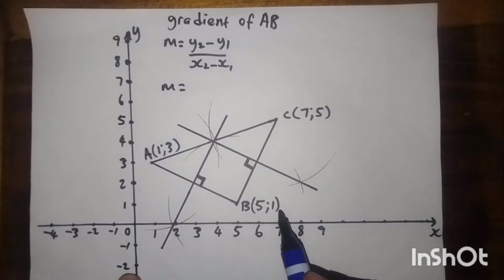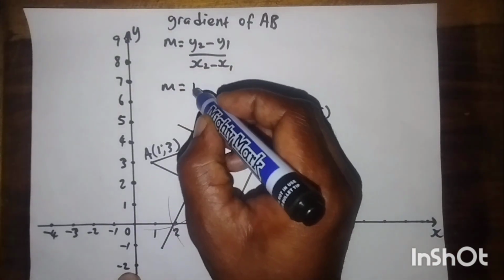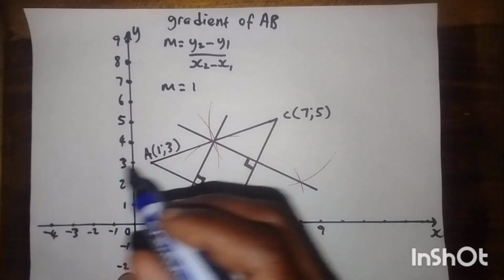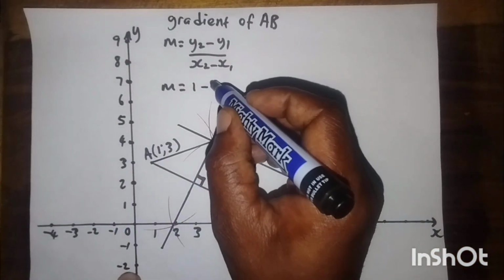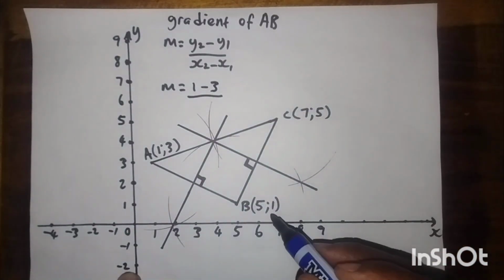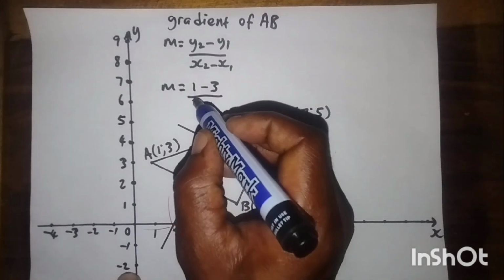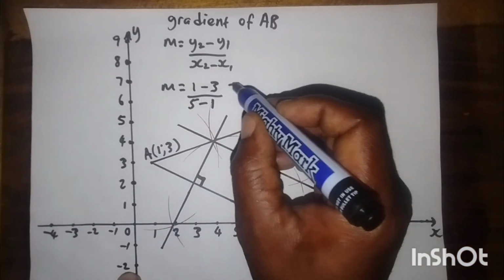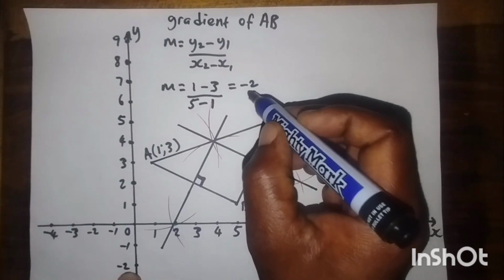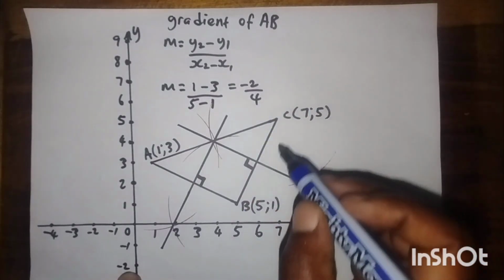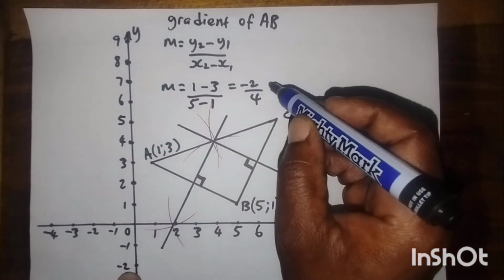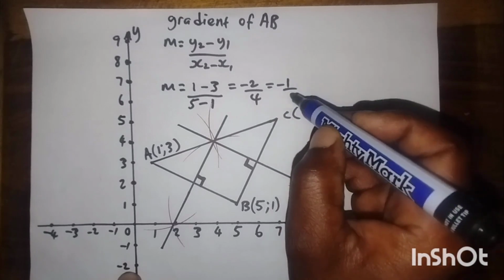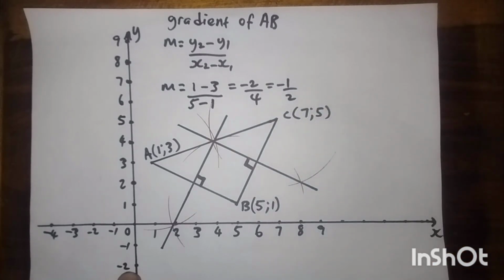Okay, so my y2 is this one, so 1, and my y1 is 3, so 1 minus 3 over my x2 is 5, and my x1 is 1. So 1 minus 3 equals negative 2 over 4. So the gradient of AB equals negative half, okay, minus 1/2.